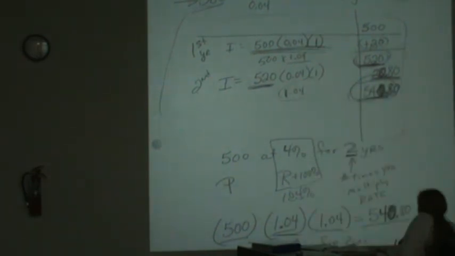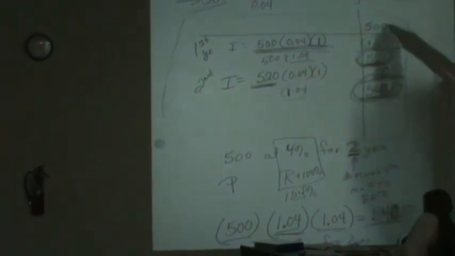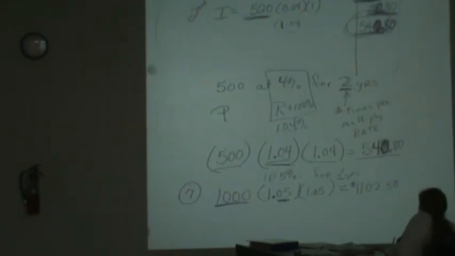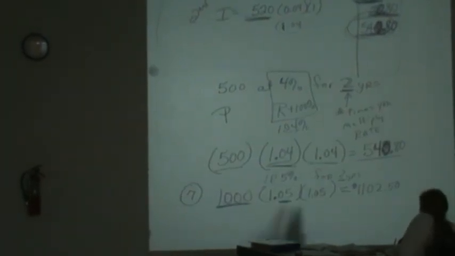That's why it works. It's adding that back on for you every time, adding the 100% back in to the interest. But you don't have to know why it works. You just have to know how to do it. Okay? Let's do one more of those before we go on.